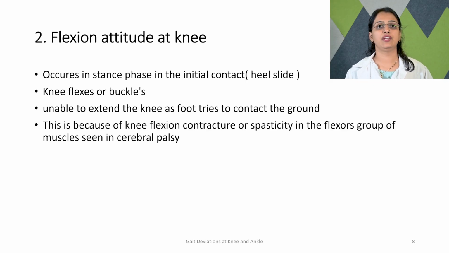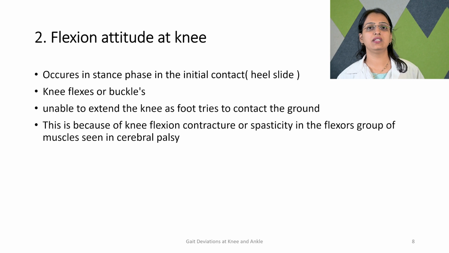Second is flexion attitude at the knee. This type of gait occurs in the stance phase during the initial contact or at the heel slide. So usually what happens here, the knee is going to buckle, or the knee is flexing.